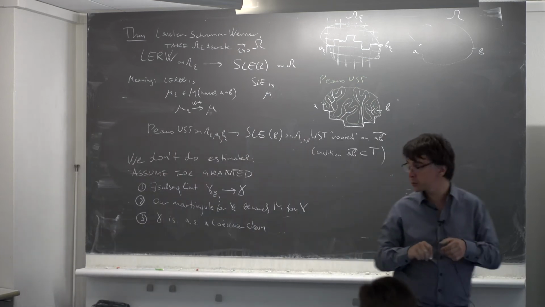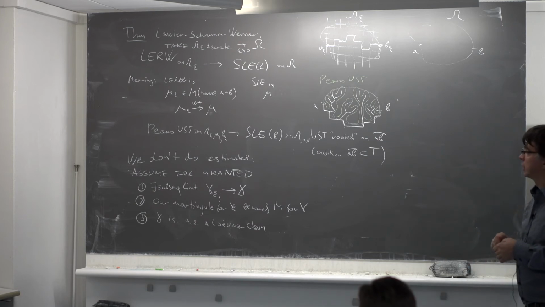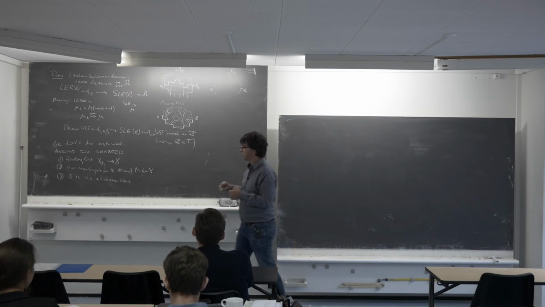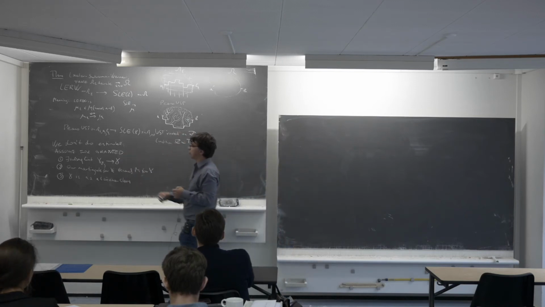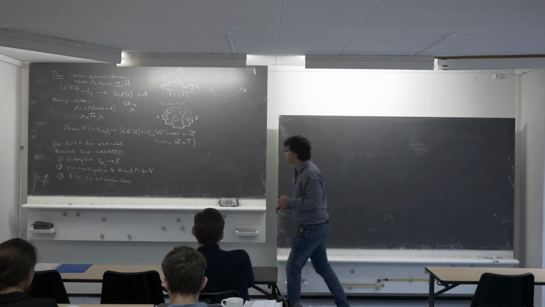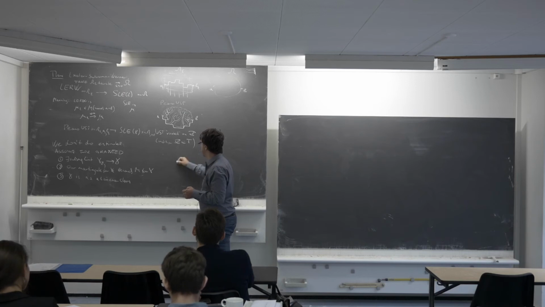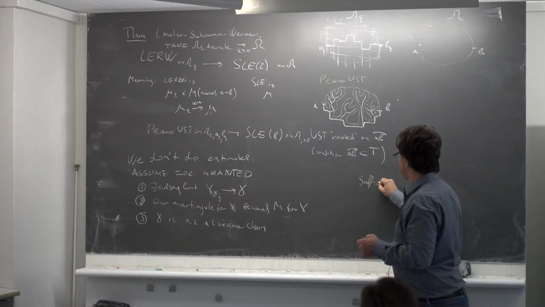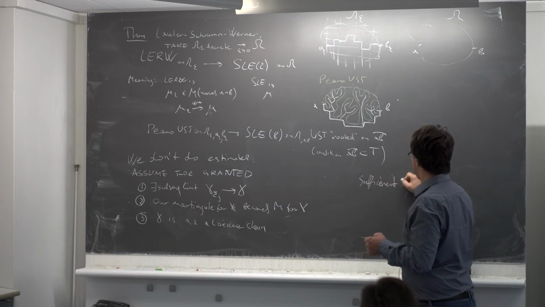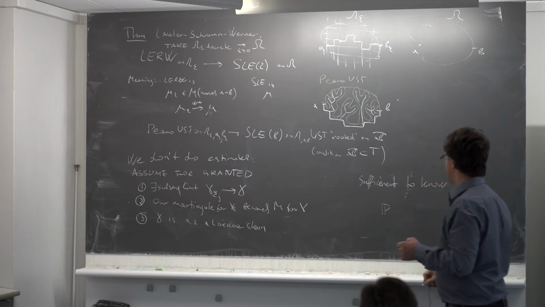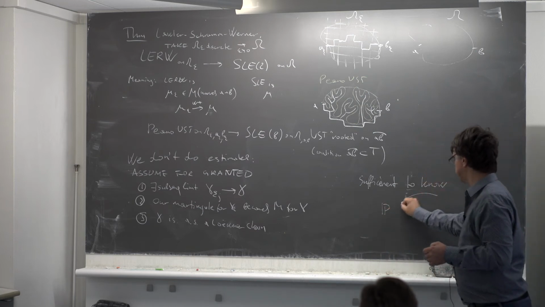There are various ways to do it. For example, Scott Sheffield has a way which says that if subsequential limits are simple curves, then you get the other things automatically. Nancy Kempinen and I have a way which says that it is sufficient to know the following.